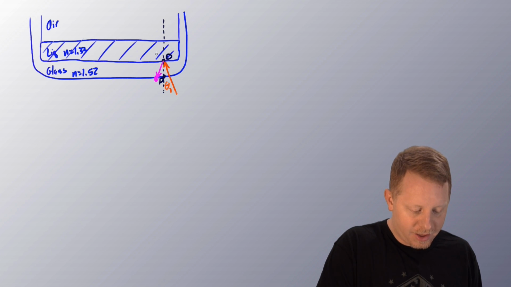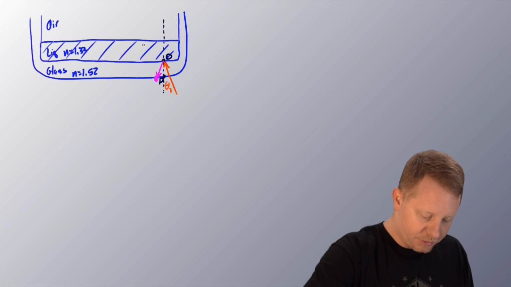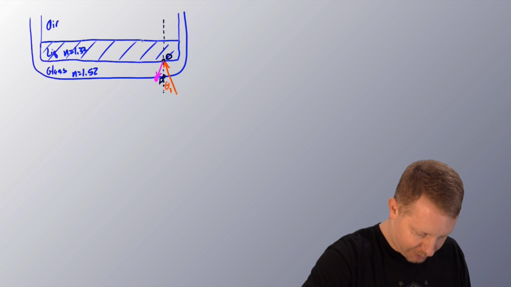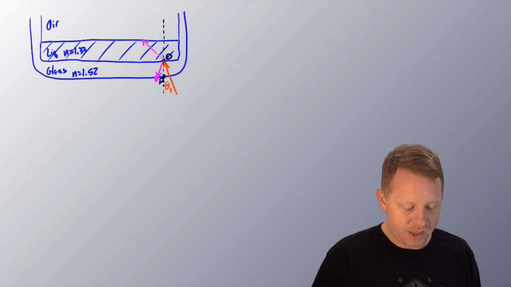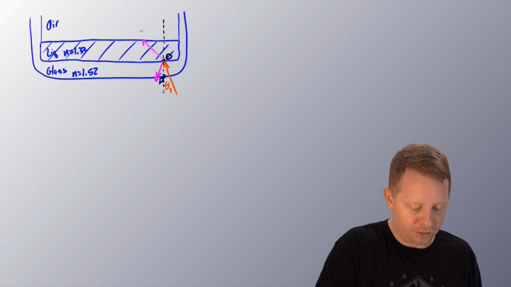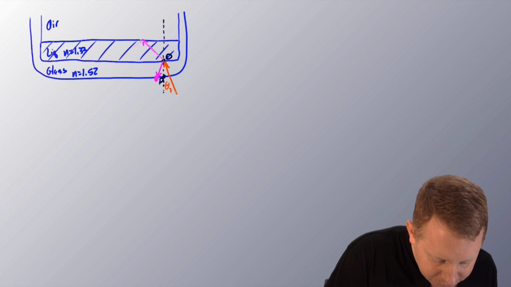Now, because we're going from high index to low index, we're also going to see some refraction away from the normal. So we're also going to have some of the beam, and I may be over-exaggerating this a bit. I don't think we have to actually even calculate the angles in this problem. We're going to have that happen. Then we go from high to low index again. So we're going to have some more refraction perhaps, but we're also going to get reflection at this interface.